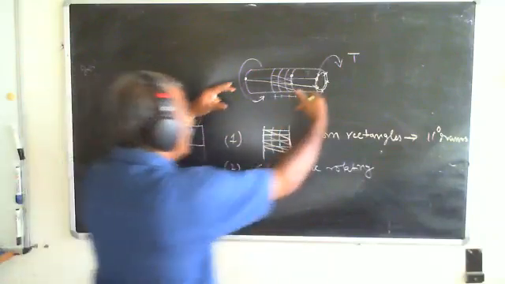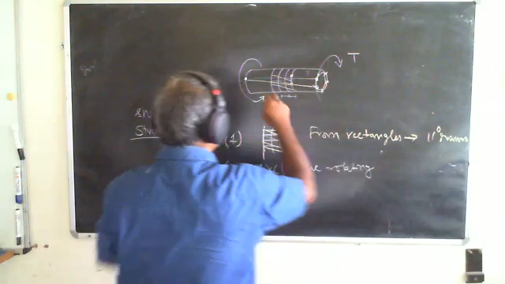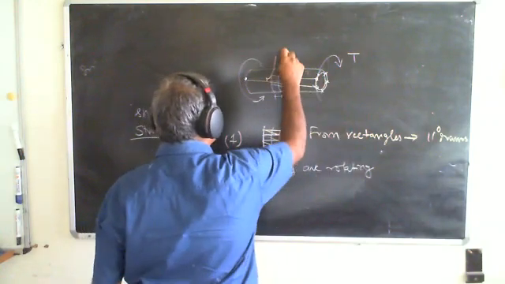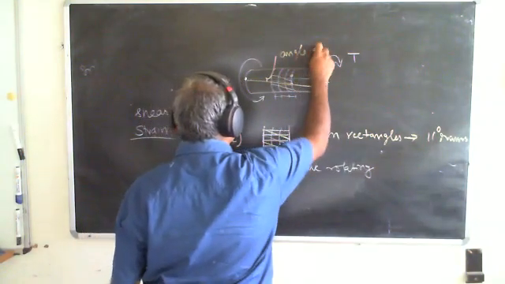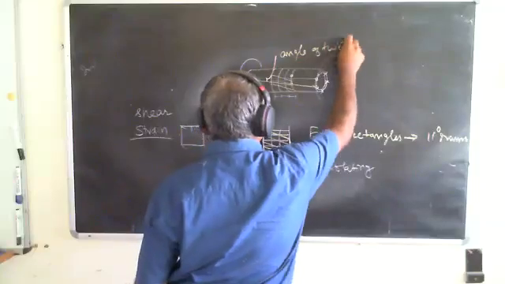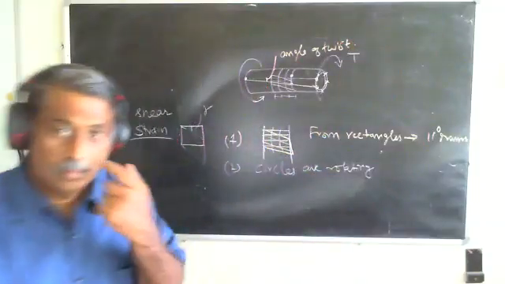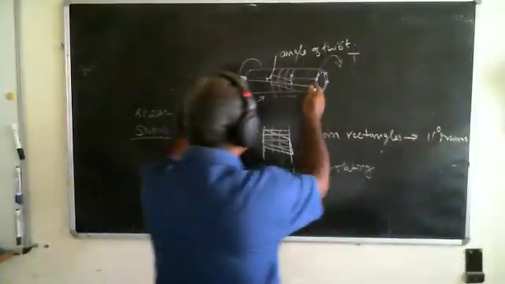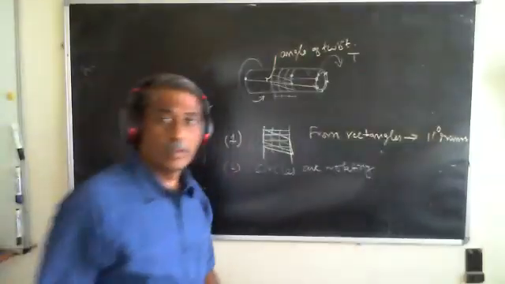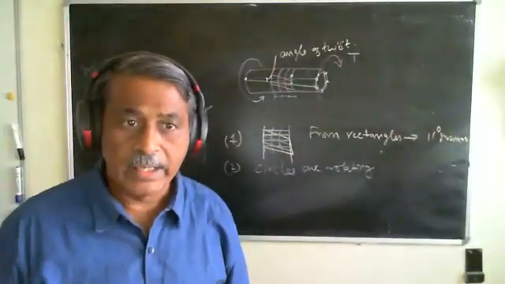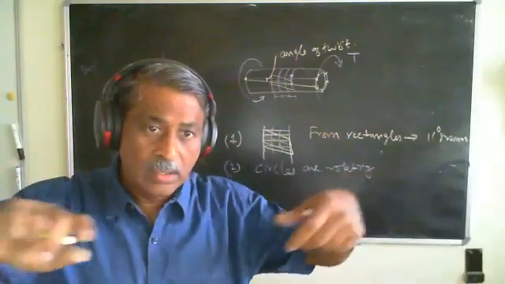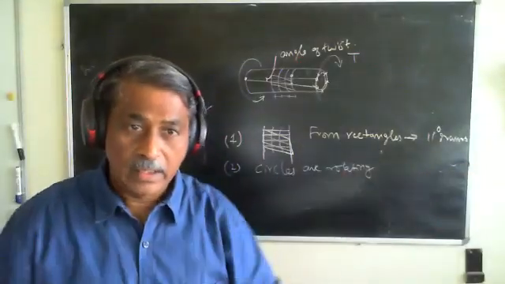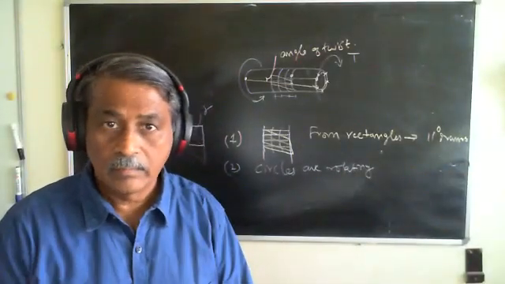So there is an angle that it has made. This is angle of twist, right? Supposing I had taken a longer one, applied the same torque, it would have twisted by a different angle, correct? Yeah.